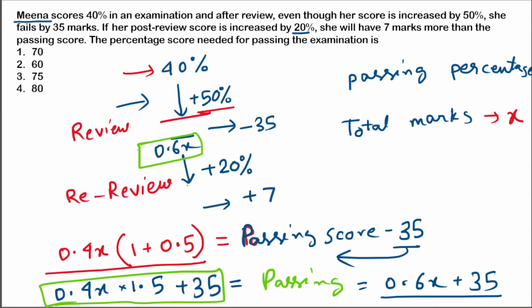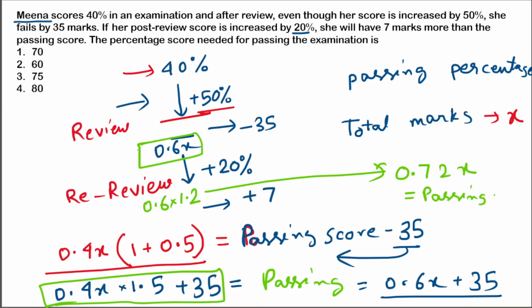And if her marks again increase by 20%, how much will her marks be? 0.6 into 1.2, so this will be simply 0.72x. But what is being said is that this 0.72x is the passing score plus 7.